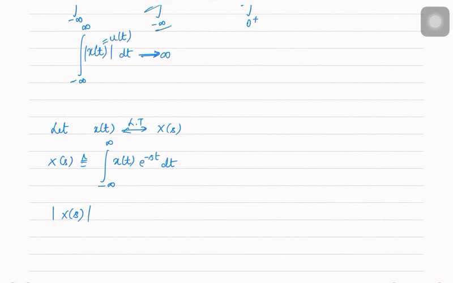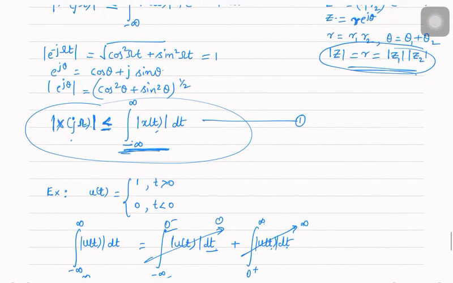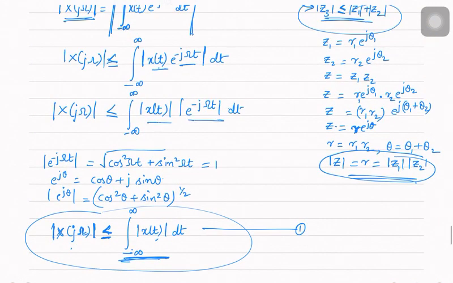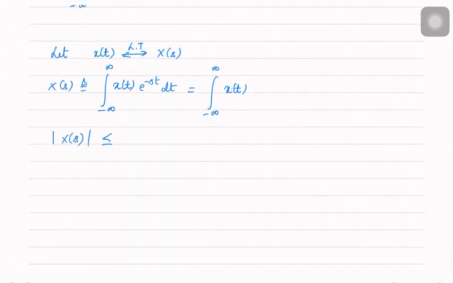If I use the law of triangular inequality, I repeat the same steps. Now all you have to do is, instead of being the product of two numbers, x of t into e power minus st, like z1 into z2, you get a product of three numbers. It doesn't matter, because the product of complex numbers will always have the product of lengths.